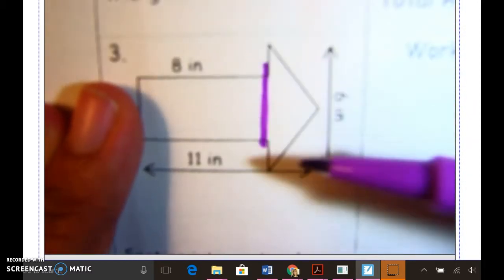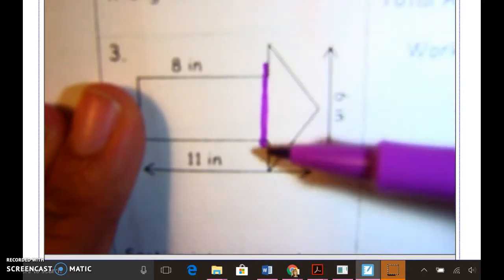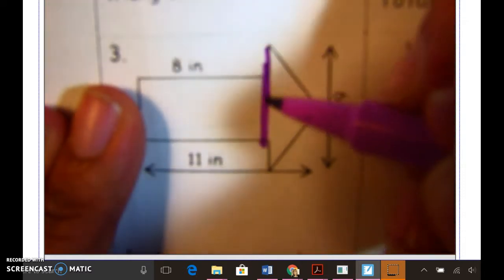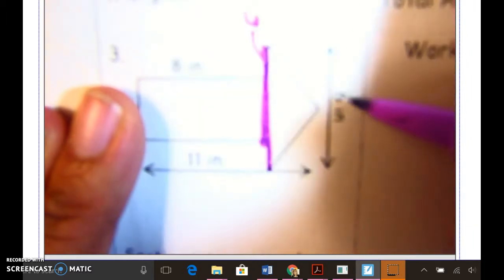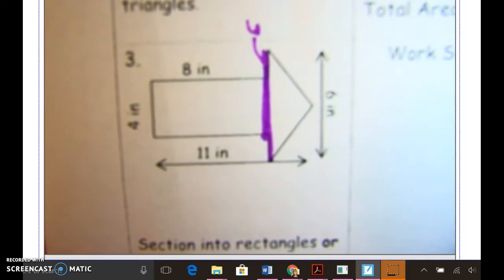What about this part? From here to here, that means here to here is 6. So my base is all of this for the triangle. My base is 6, because that's what they told me. And then, well, what's the height? Well, the height's going to be, I have to do some subtracting.